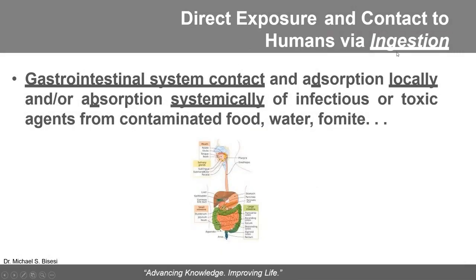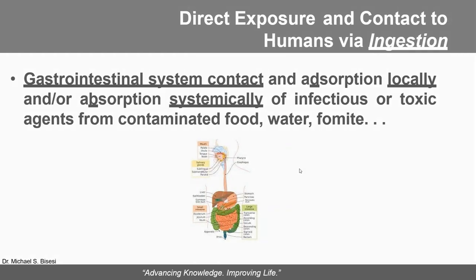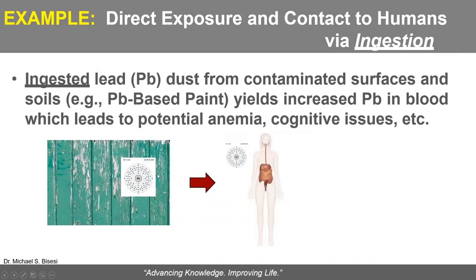Direct exposure involving ingestion, again, the ingestion mode, gastrointestinal route. So lead-based paint, if there's consumption intentionally or not. Young children are known to, what's known as pica, consume inanimate objects like paint and so forth, and can be exposed to lead.